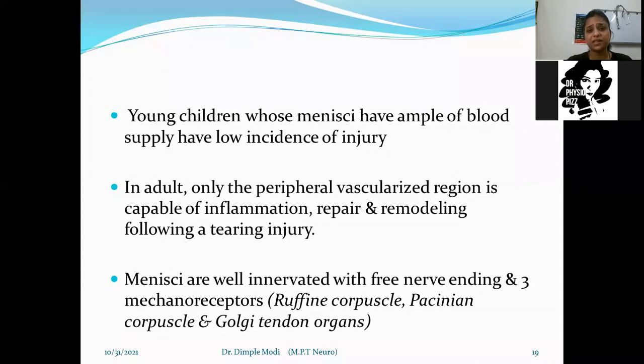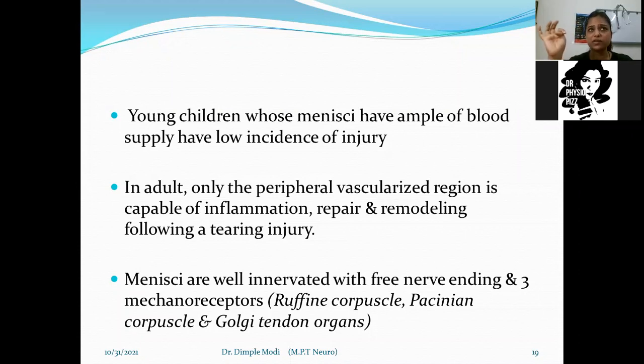It is preserved so that it doesn't harm the joint. Now I would like to tell you about meniscal nutrition and innervation. The menisci bodies are innervated by free nerve endings, the nociceptors.